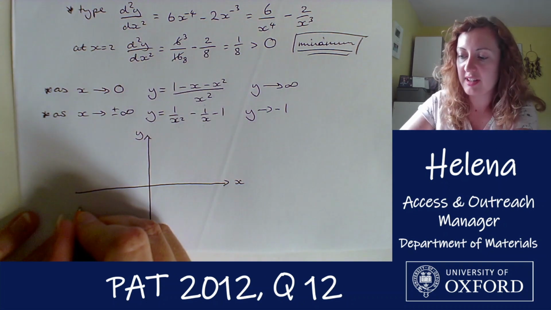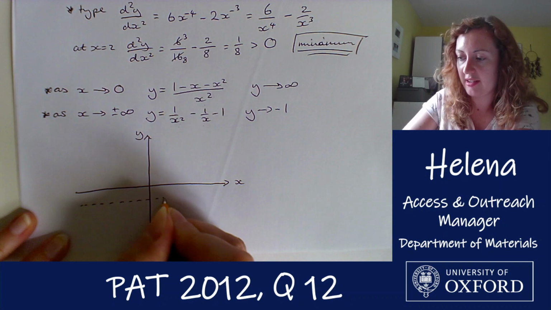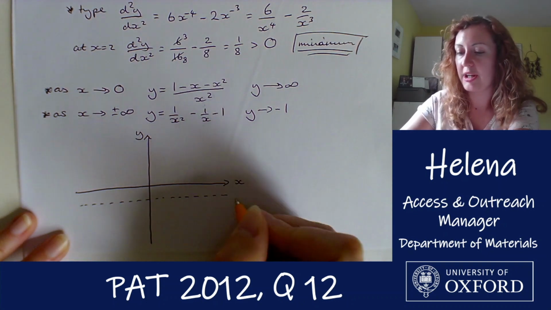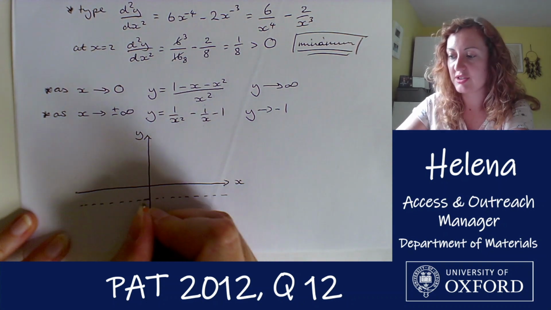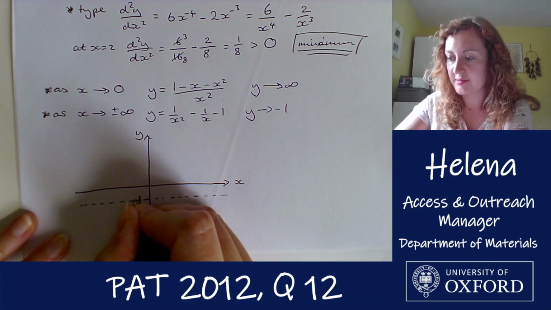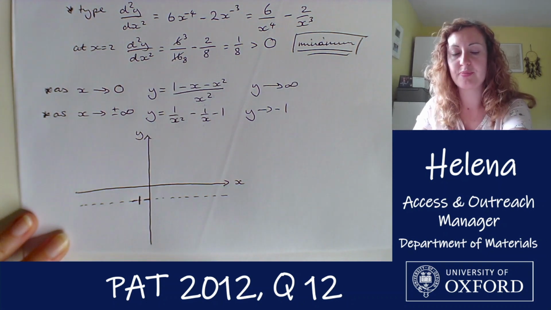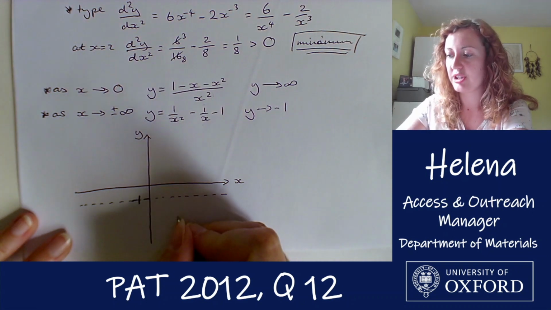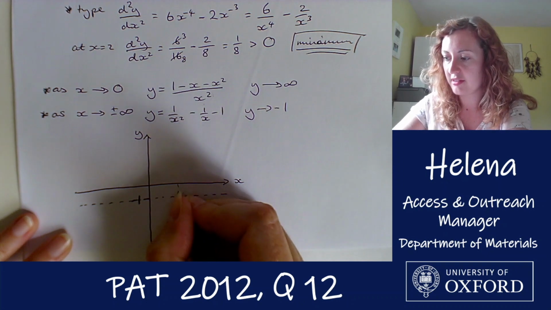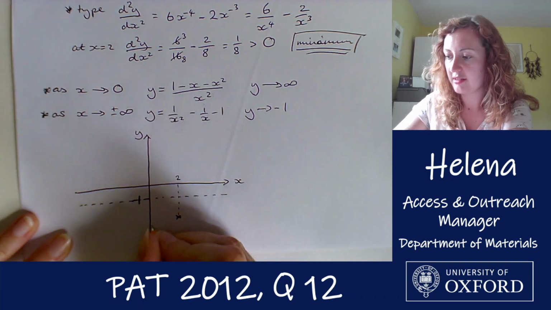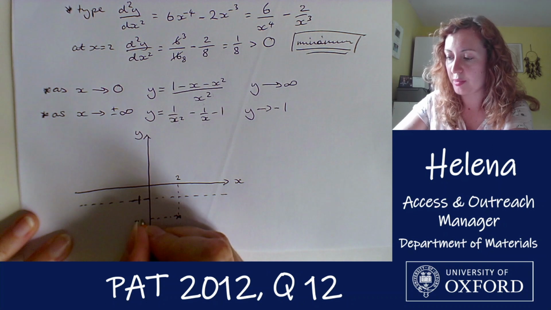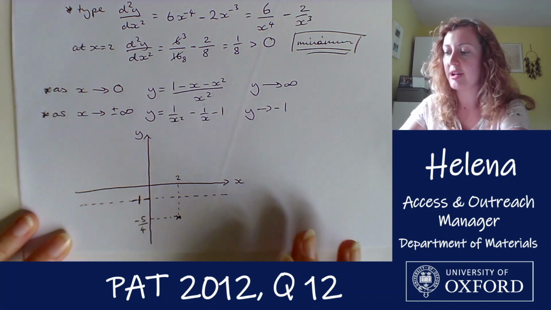For y being minus 1, we know that x is going to tend to infinity, so let's just draw our asymptote there, so that's a value of minus 1. We also know that we have our turning point at a value of 2, minus 5 over 4, so let's mark that on here and label the points on our axes as well.